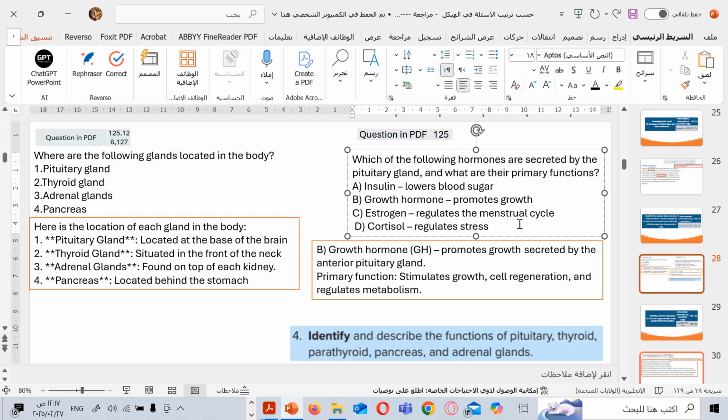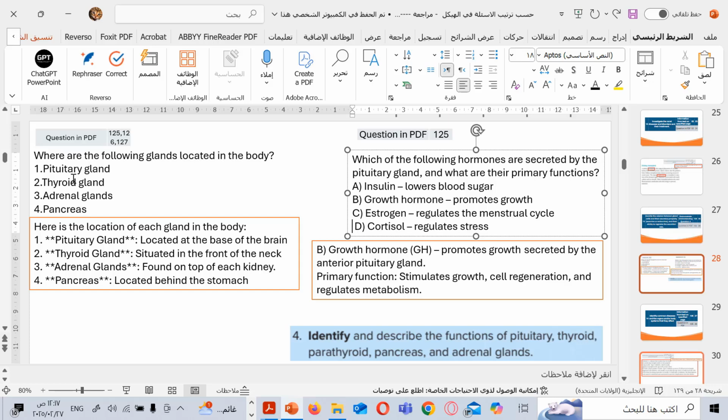Growth hormone promotes growth and is secreted by the anterior pituitary gland. Its primary functions are to stimulate growth, regulate cells, and regulate metabolism. There is another question mentioned in 125. It asks where the following glands are located in the body.